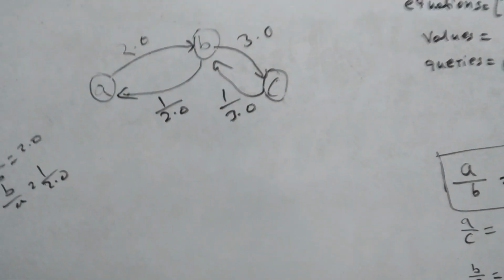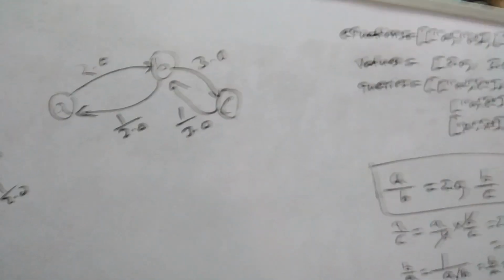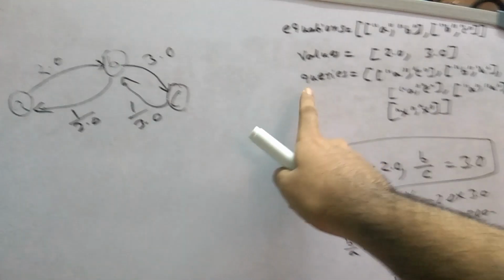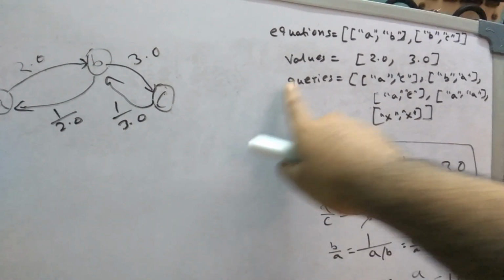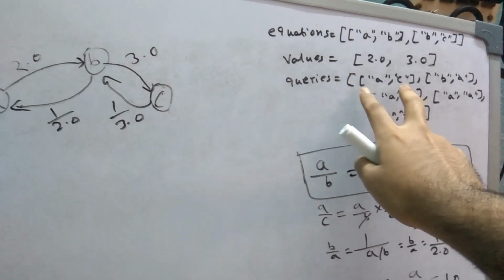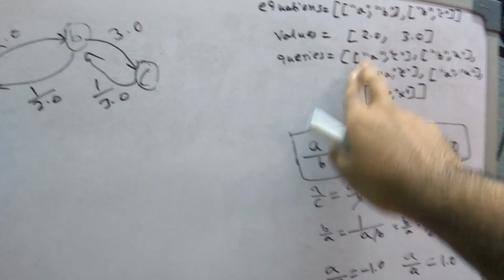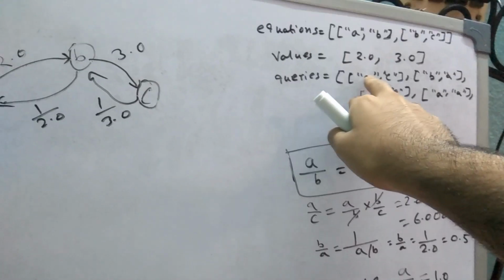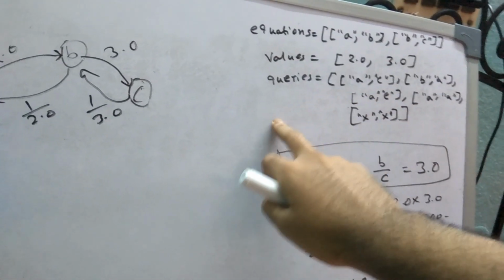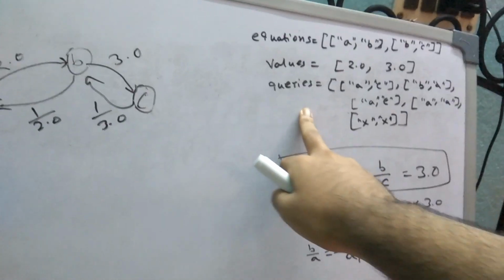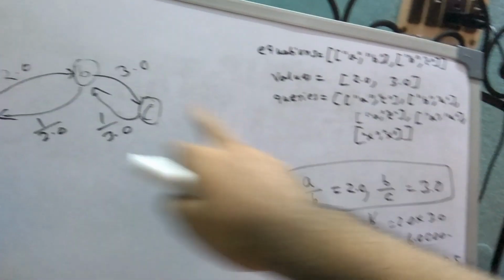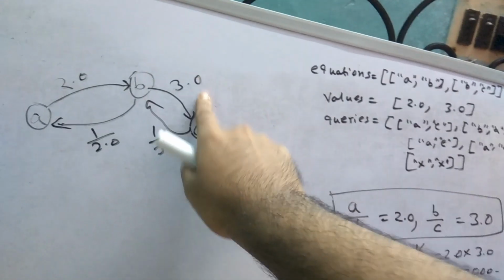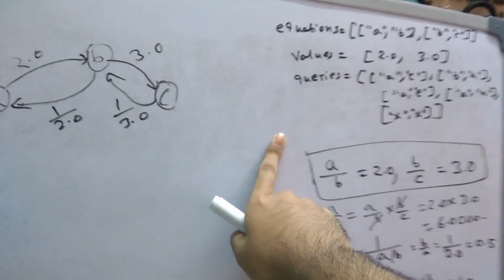After constructing this whole graph, we will just loop through this queries array, taking these pairs as source and destination, and check if a path exists from this source to this destination. If it does, then we just keep on multiplying the path values, and we will get the answer easily.